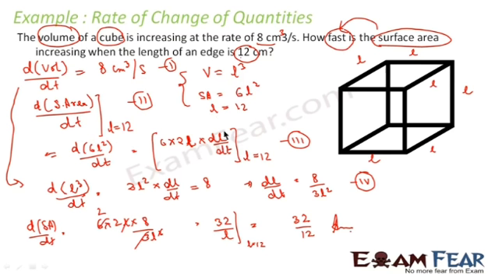We know the value of L, but we don't know the value of dl by dt. Where to find this? We knew that the volume is L cube. So d volume by dt is nothing but 3L square dl by dt, and that is 8. From this I found dl by dt came out to be 8 by 3L square.